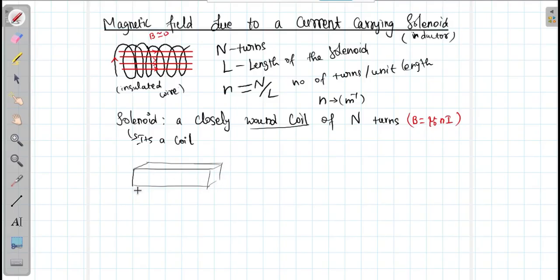If you wound a wire in this kind of arrangement, it will also act like a solenoid. This one becomes purely a solenoid.